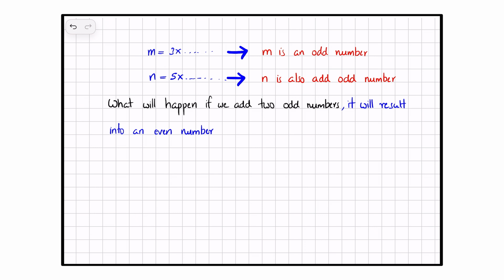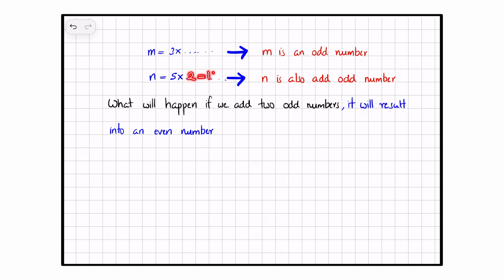If 2 was there, then there is a chance of m becoming an even number. But in this problem, 3 is the smallest factor for m. That means m will always be an odd number. In the case of 5, we have the same thought process. One of the first prime numbers that you can think of when we look at the multiples of 5 is 5 into 2 is 10.